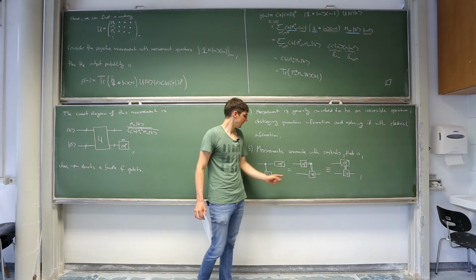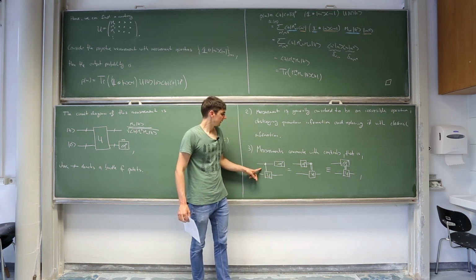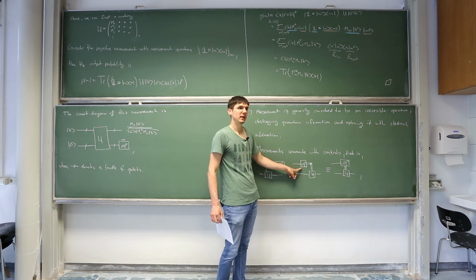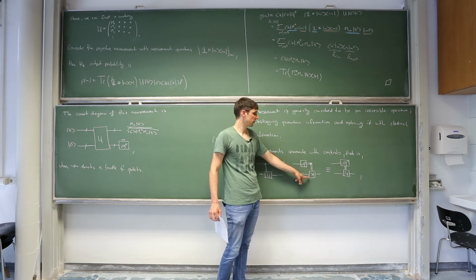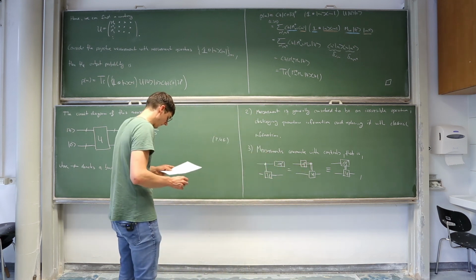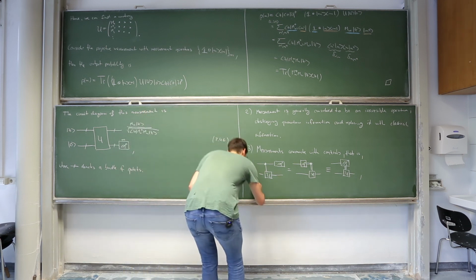And here then it says that this commutes, so it doesn't matter whether we first do this controlled unitary and then perform a measurement, or we first perform a measurement and then do this controlled unitary, now controlled on the outcome of the measurement. So the proof is an exercise.